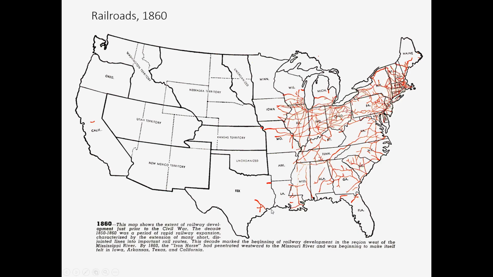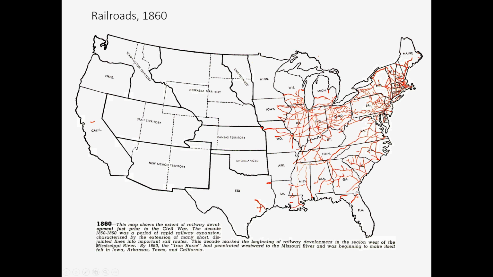Now, we can get a sense of how much the railroads grew by looking at a series of maps. This is the map of the rail network of the United States on the eve of the Civil War in 1860. You'll see that most of the railroad construction is in the north. In the south, it's scattered, and often there are lines that don't connect to very much. Here's one in Alabama, for example, that starts nowhere and ends nowhere, in a sense.